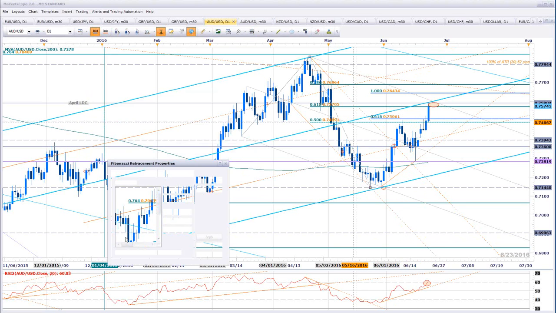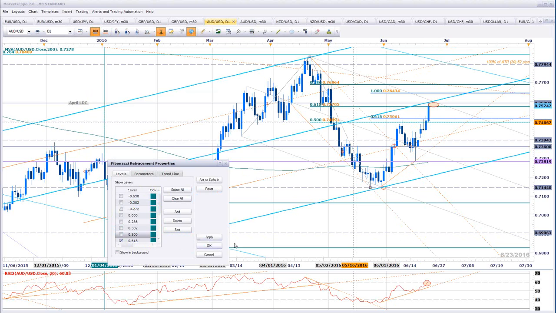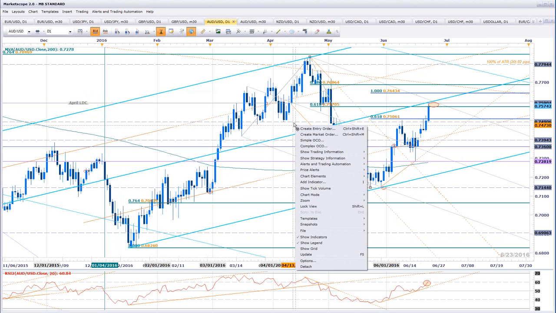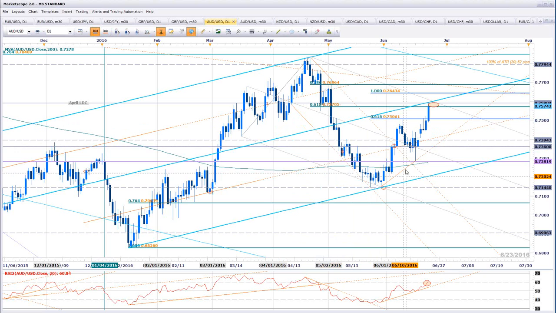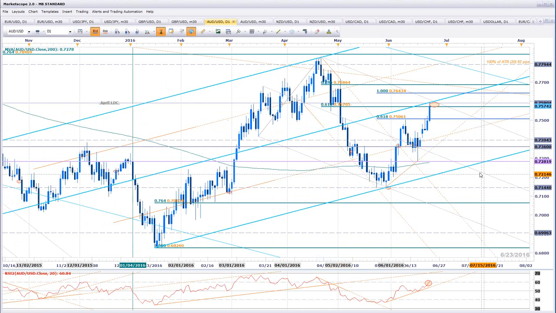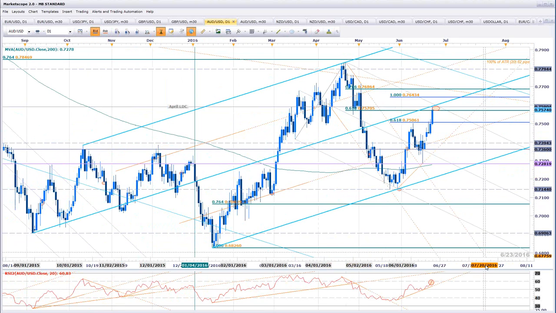So we'll go ahead and get rid of that 50 retracement here. And we don't need this anymore here. All right, so feel free to take a snapshot of this, guys, if you need it for future reference as we get through the session today, watching that major key resistance near term.